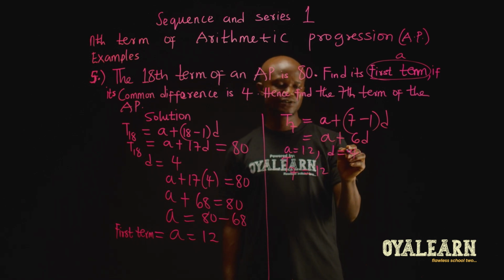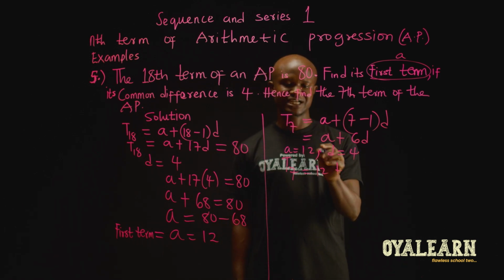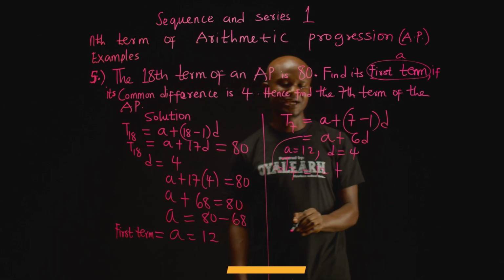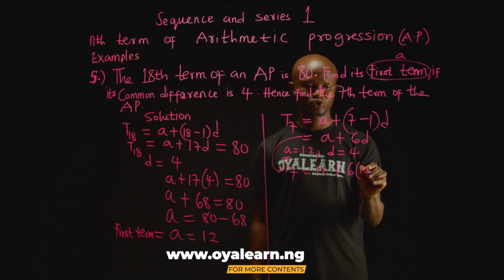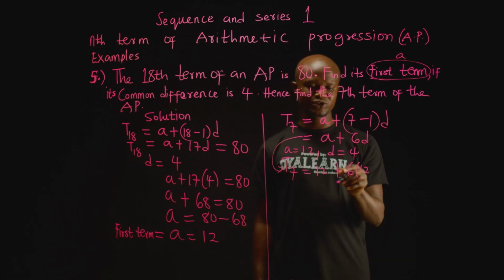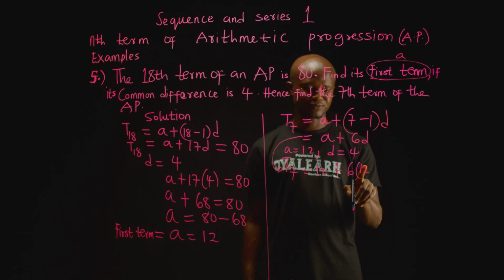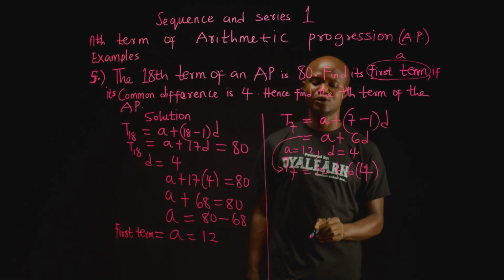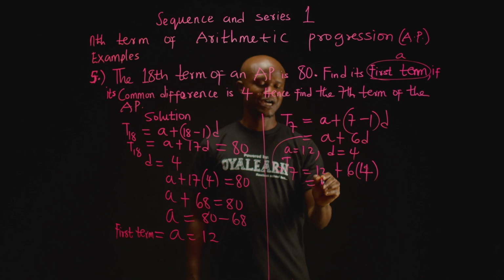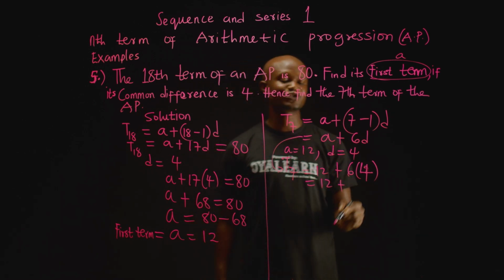So we now have 12 plus 6 into 4, D equals 4. Now, we have 12 plus 6 times 4.